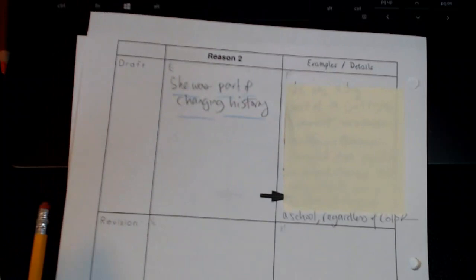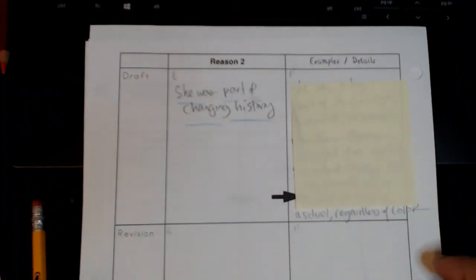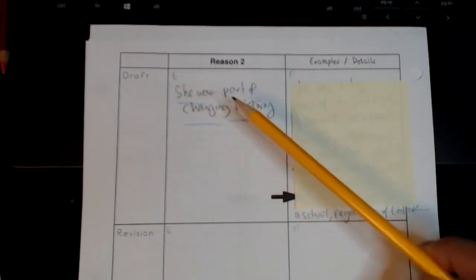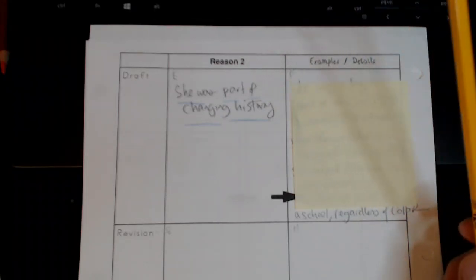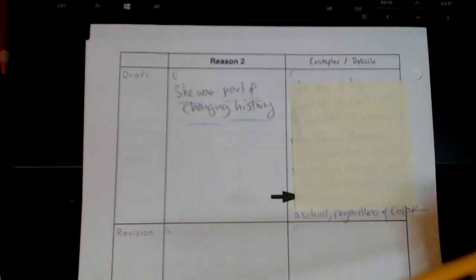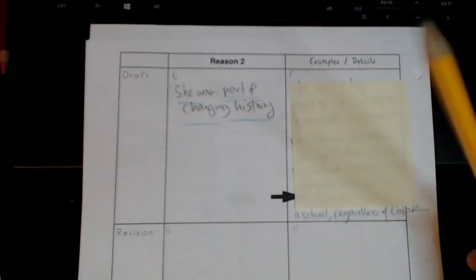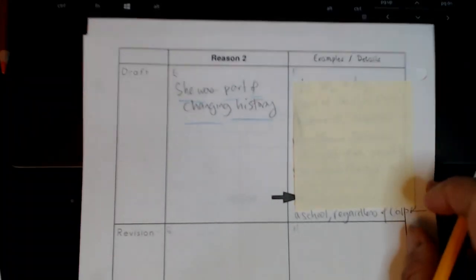Again, I pre-wrote this just for sake of time. My reason was that she was part of changing history. Now, of course, you're going to have 2 different reasons for your opinion writing. Just make sure that you do have some example or some detail that's going to back it up. Again, I'm looking back at history for mine.